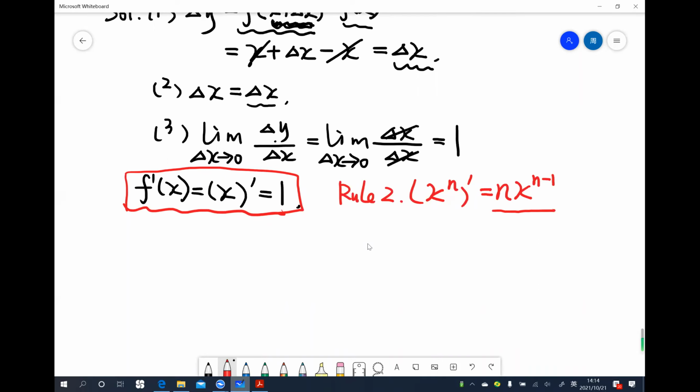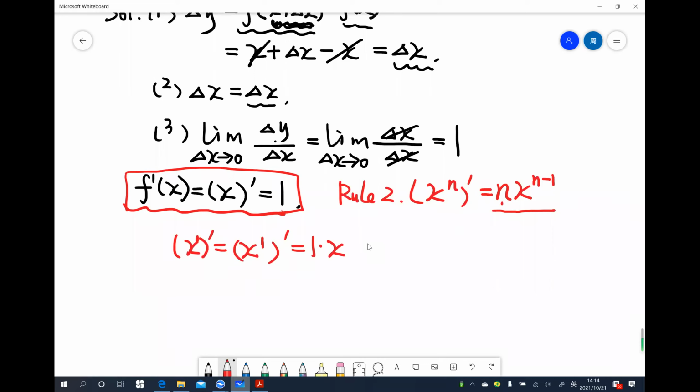So we can test here x prime. x prime means here x to the power 1, right? So from this formula we know that x to the power 1, prime, equals 1, right?